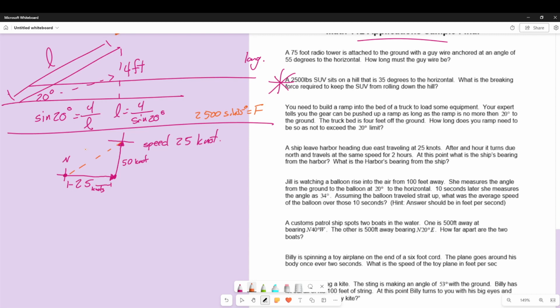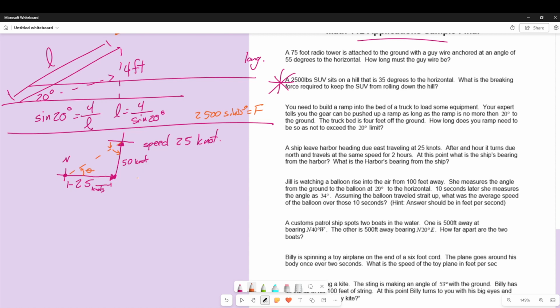Either way, essentially we need to find this angle and/or the angles up here so we can answer the question in terms of the direction that we're going to go.